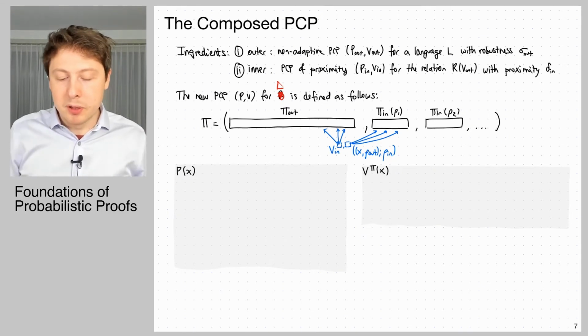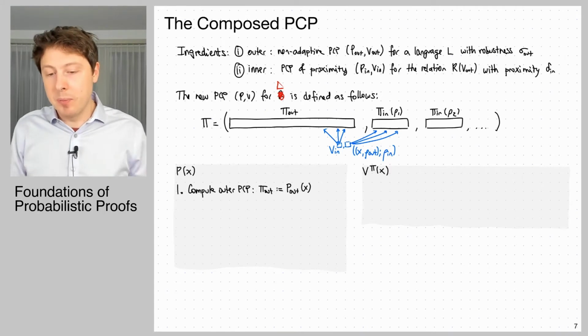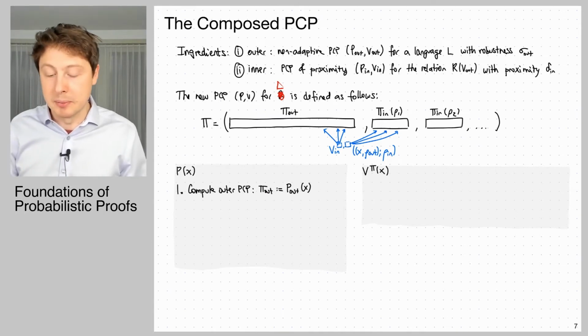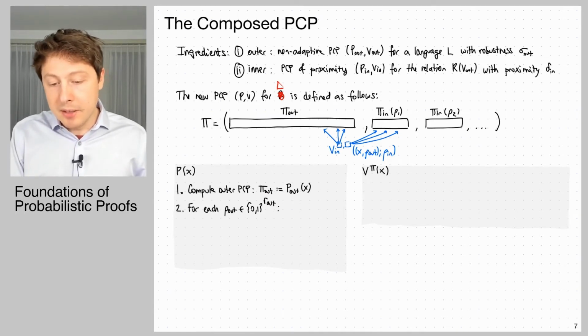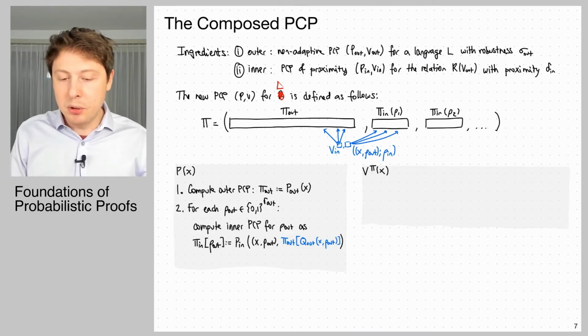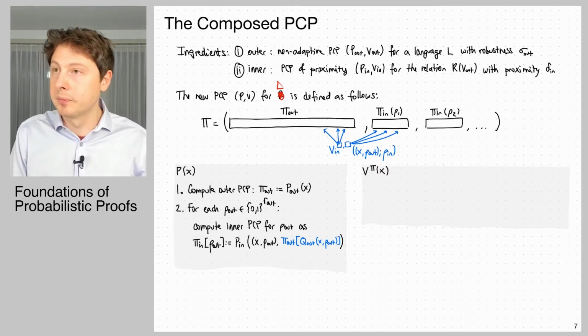Okay, what will the prover do? Well, like before, like in the high-level plan, it's going to output the outer PCP as instructed by the honest prover of the outer proof system. Then, for each possible choice of randomness of the outer verifier, it is going to compute an inner PCP of proximity tailored to that one, taking into account specifically the correct local view.